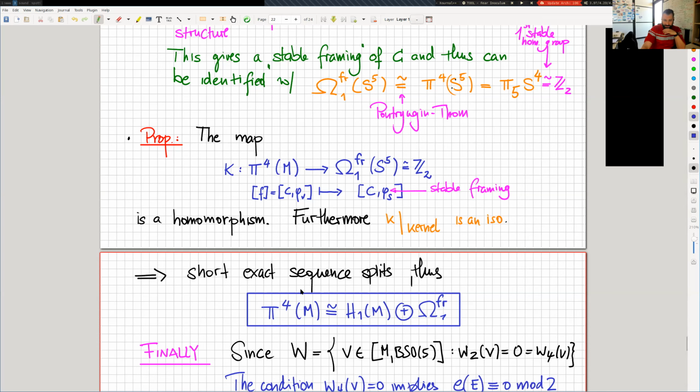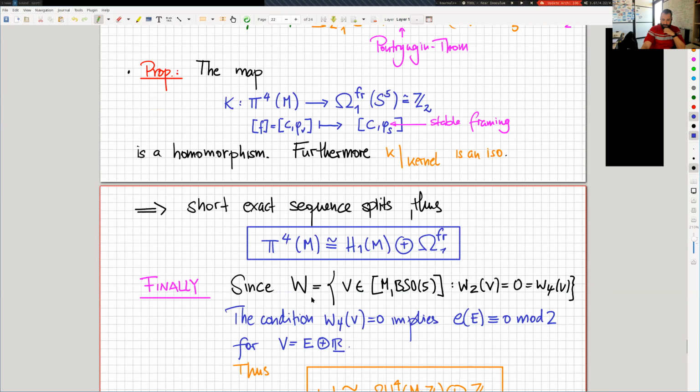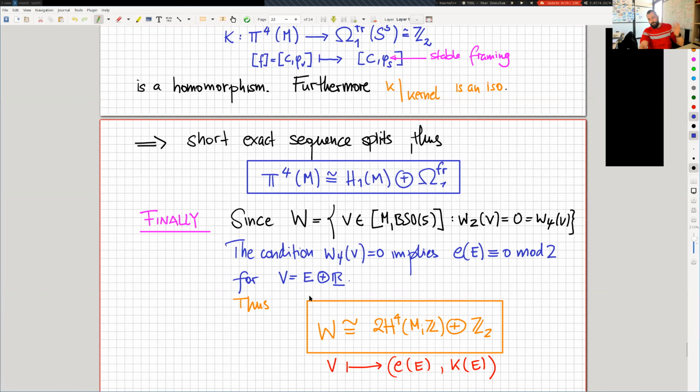Okay, so far we understood this set here, right? This is the set of complex rank 2 vector bundles over M with determinant bundle trivial. And if we go back to this problem here, if we want to define this, you can compute that the condition of the fourth Stiefel-Whitney class vanishing implies that the Euler class, the dual of this one in H4, mod 2 has to be 0.